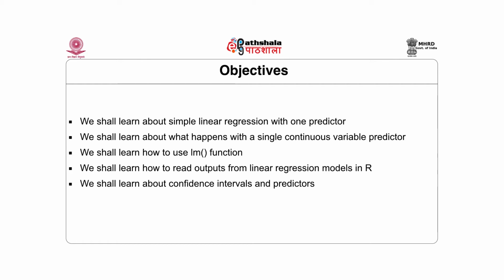We shall learn about confidence intervals and predictors, and in the process you should have a fairly good amount of knowledge as to what you can do with R. The rest of it, of course, you will pick up as you start practicing with real-world data.